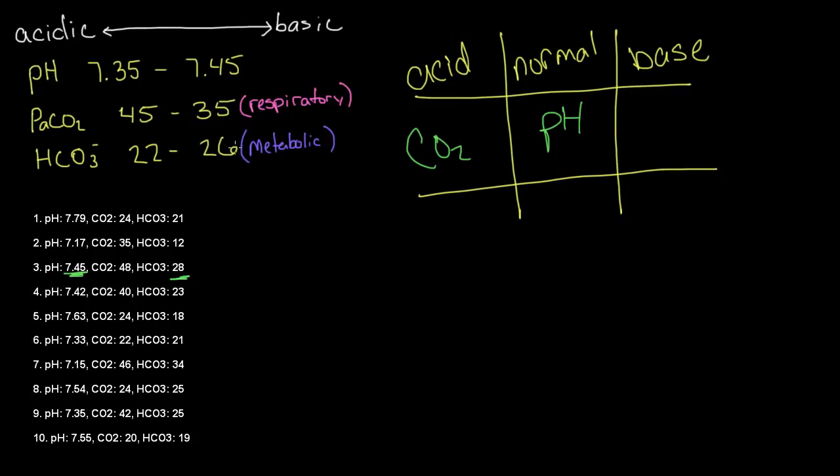It is basic though, so we write down our HCO3 in the basic column. Okay, so when our pH is normal and our other two parameters are both abnormal, we know that we have a case of full compensation. So we can write down fully compensated.